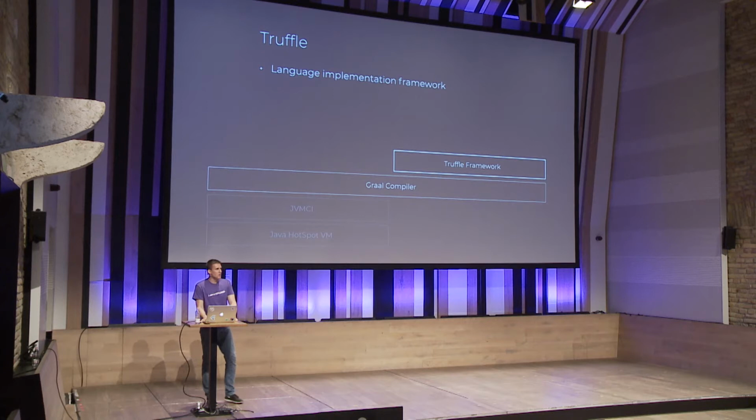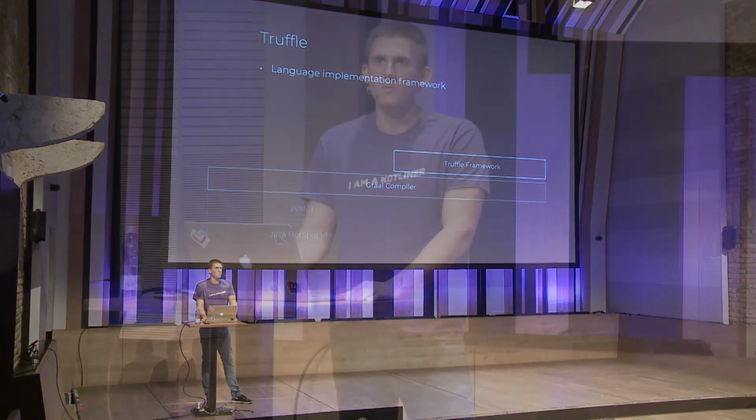And to be able to support scripting languages, GraalVM uses a component called the Truffle framework. It's a language implementation framework. And what you can do with Truffle, basically, you can take some programming language, and you can write an interpreter for that language.